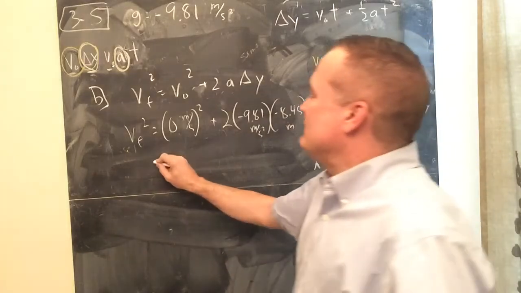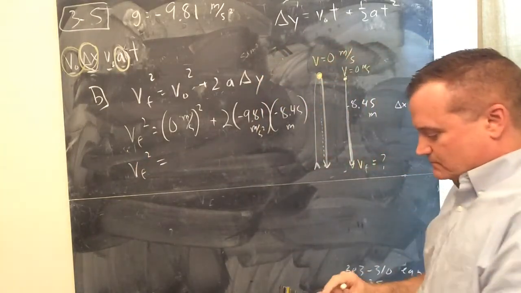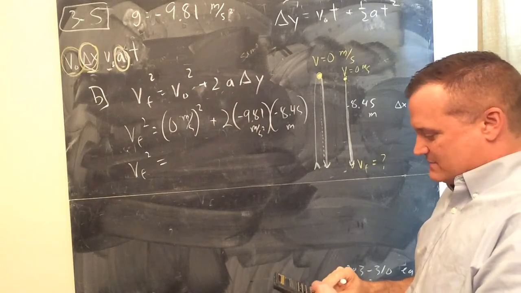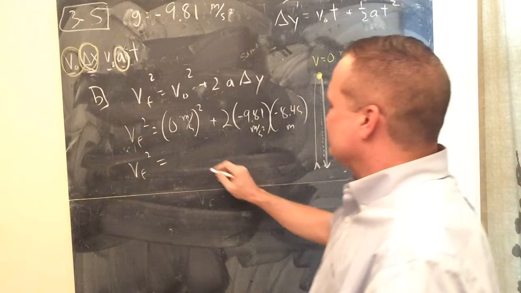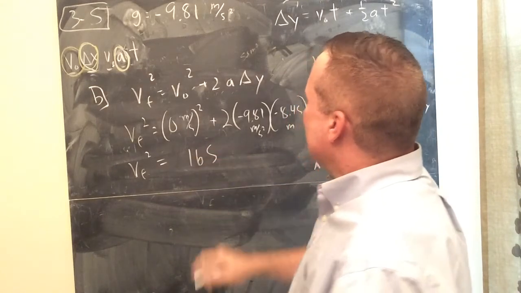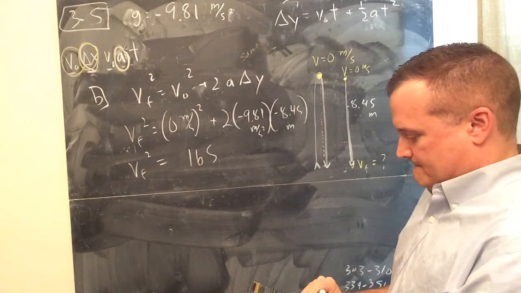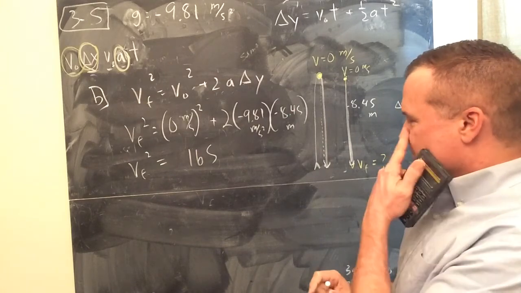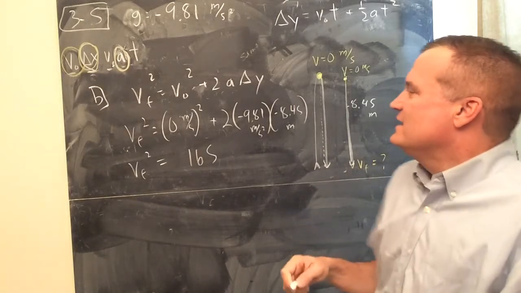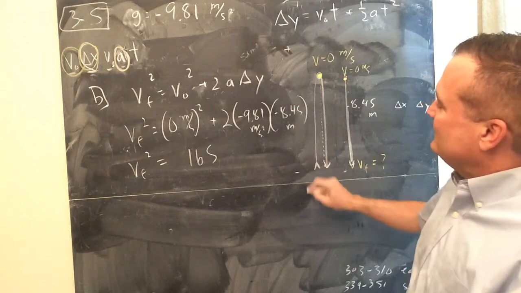Okay, so V final squared equals 9.81 times 8.45 times 2, 165. By the way, I'll just tell you this too. When you're doing a problem like this, I assume that up will be positive and down will be negative.